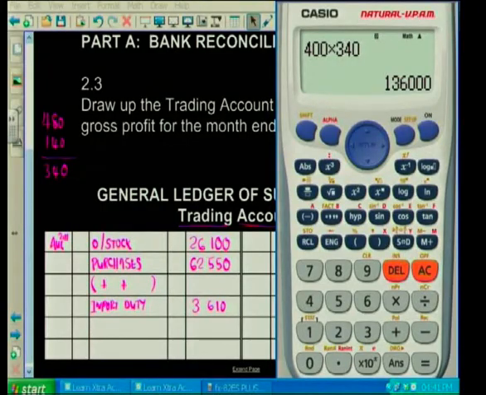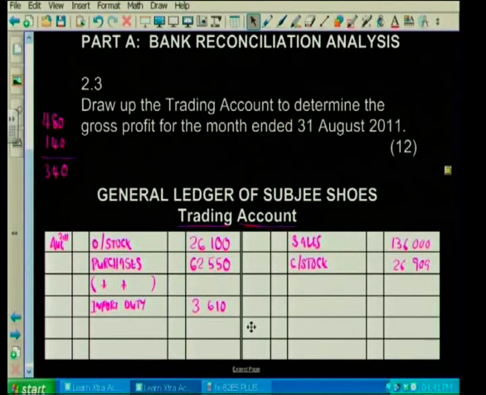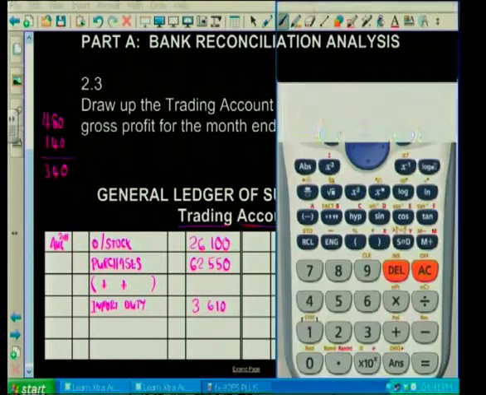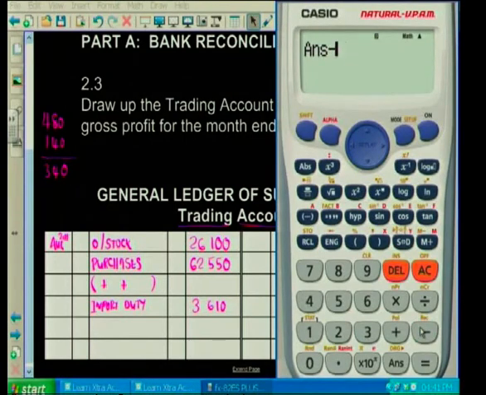Okay, now what do I do? Do I have all the information regarding my trading account? Certainly I do. Pick up my calculator. 136,000 is there already, plus 26,909 will give me a figure of 162,909. 162,909 minus 26,100, minus 62,550. I think that is wrong there.